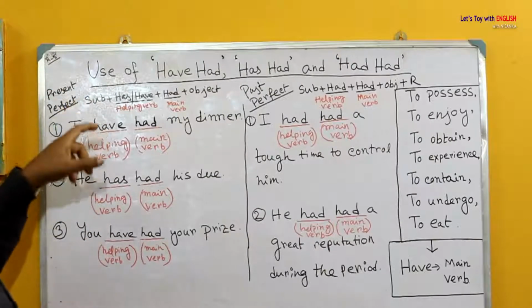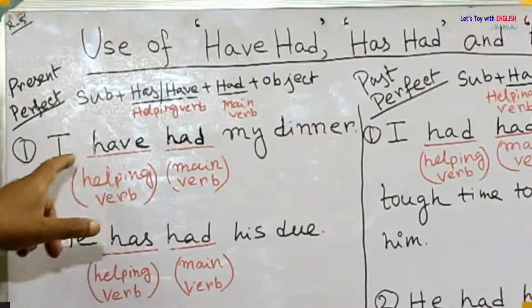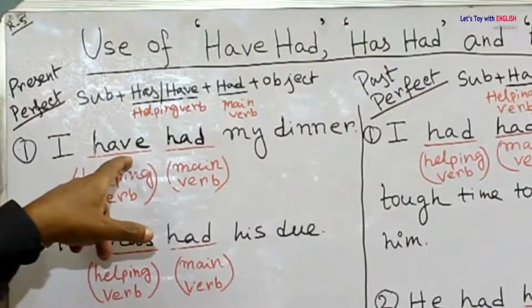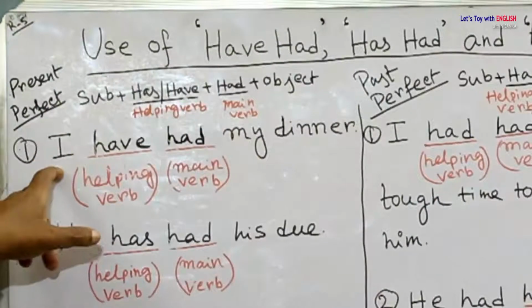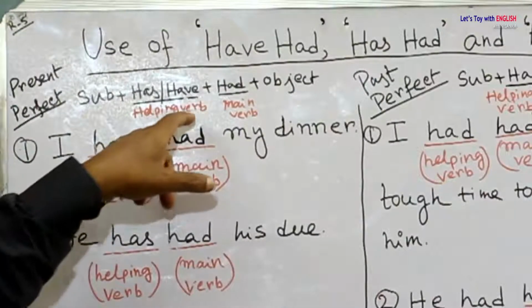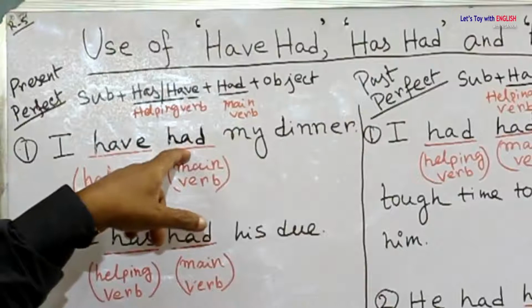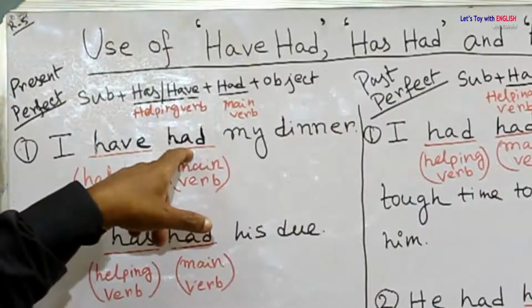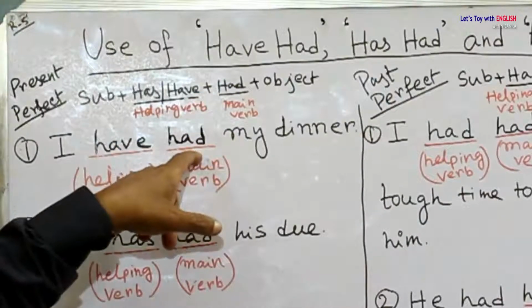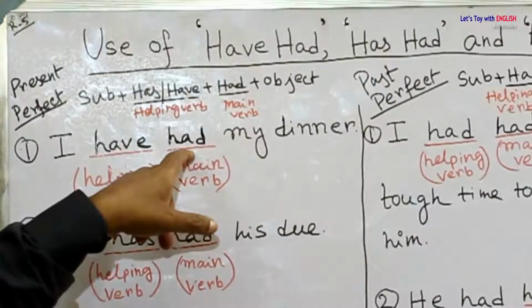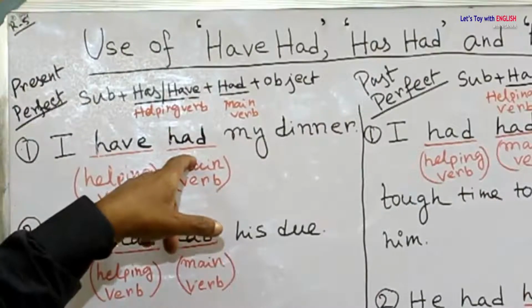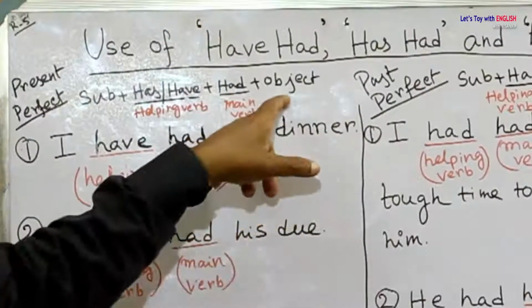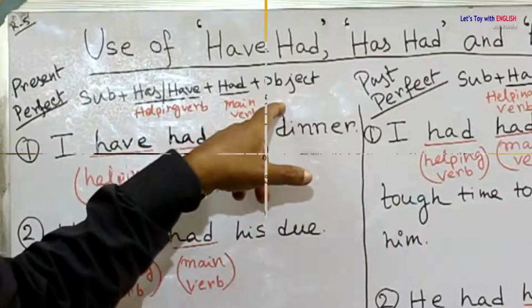And its formation will be like this. First of all, subject as usual. Second, has or have according to the subject. This is the helping verb. And the had, that means work, should take the form of V3, that is the past participle form. This is V3, and then the object, if there is an object.